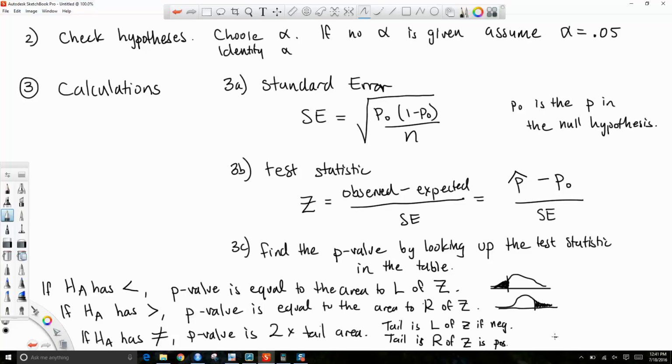So what this looks like, take the area to the right and the area to the left. So those are your calculations.